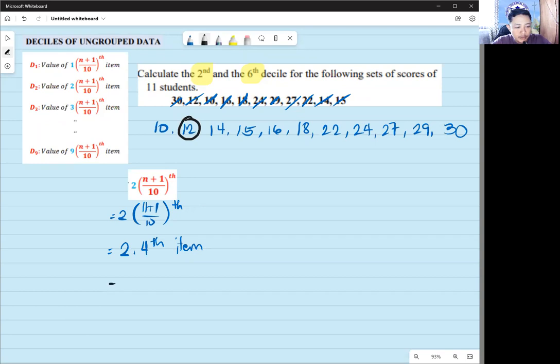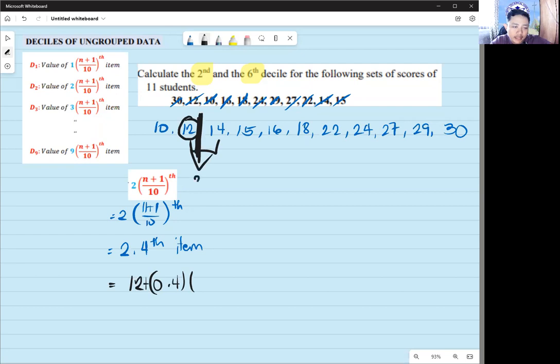So this will be equal to 12 plus 0.4 times... Actually, the point 4 here is 0.4, because from 2.4 that's 0.4. Can you follow? Therefore, what we will be doing here is multiply 0.4 times, we need to subtract these two numbers, because somewhere in between is what we are looking for.